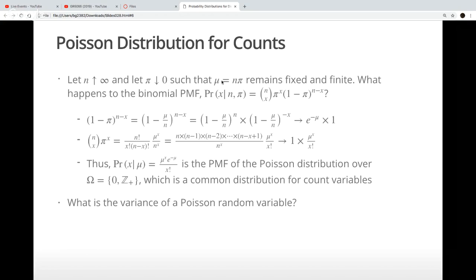So the expectation and the variance of a Poisson random variable are the same number. It's going to be a positive number. And yet the expectation and the variance are always different concepts. They just happen to coincide numerically in this case.